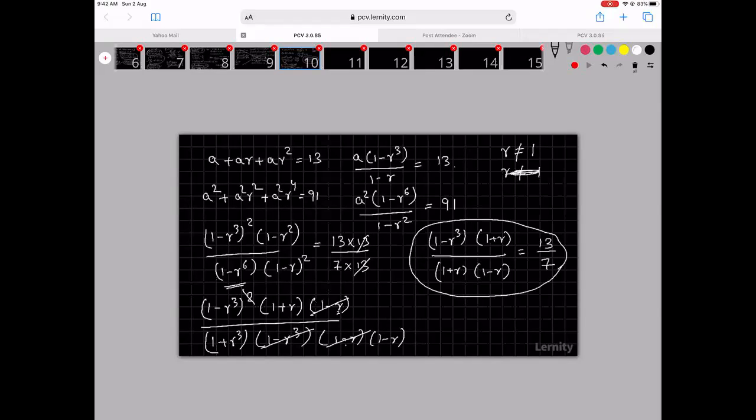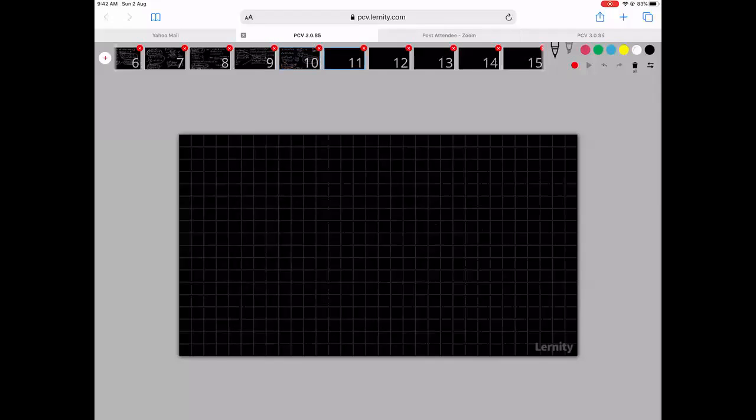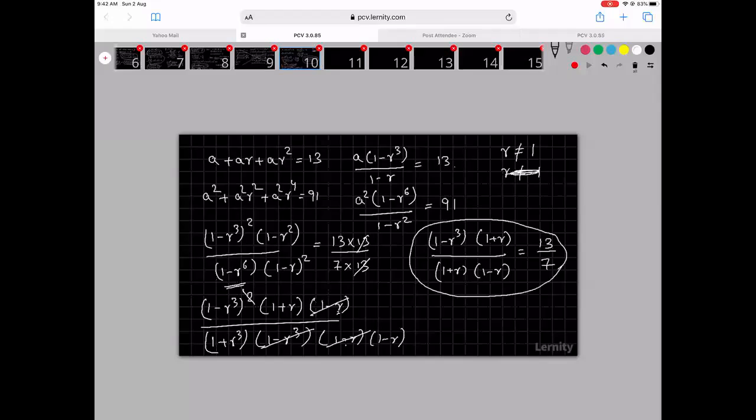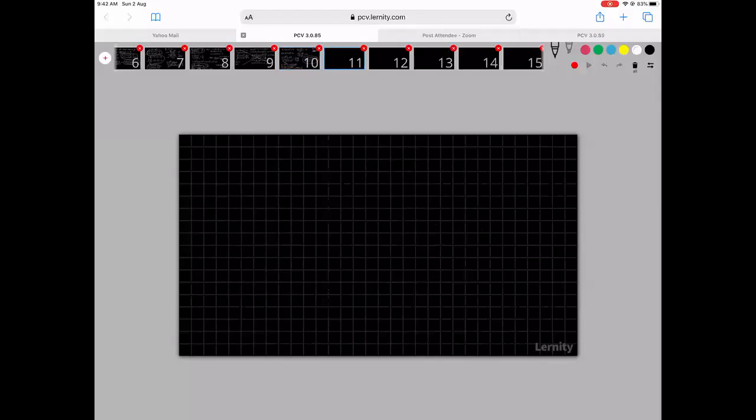I'm going to rewrite this again. So I have 1 minus R cubed into 1 plus R divided by 1 plus R cubed into 1 minus R is equal to 13 by 7.